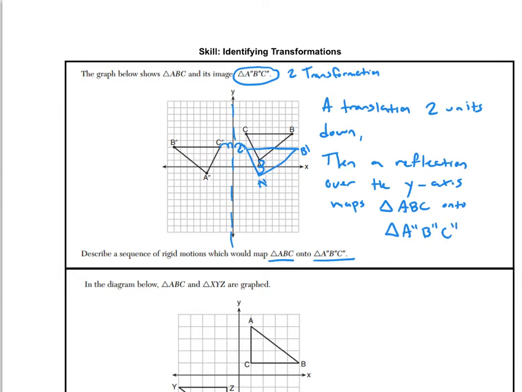And remember, we know these two triangles are congruent also because we use a sequence of rigid motions to map them onto each other, and whenever you use rigid motions to map two things onto each other, you know those two things are congruent. All right, let's move on to question number 2.